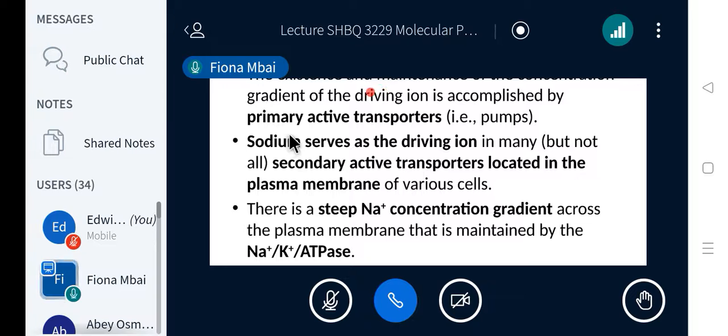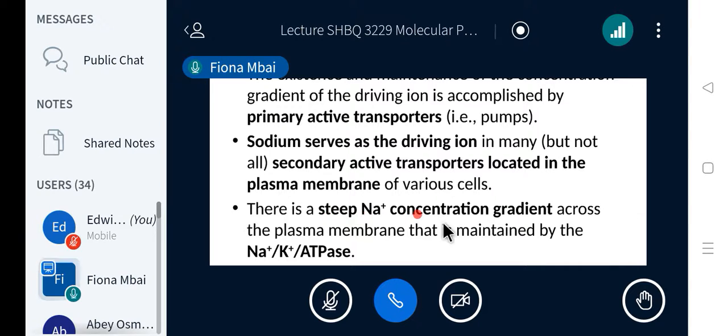Ion pumps, on the other hand, are a whole different kettle of wax. The existence and maintenance of the concentration gradient of driving ions is accomplished by primary active transporters. This is just a fancy name for pumps. Sodium serves as the driving ion in many, but not all, secondary active transporters which are located in the plasma membrane of various cells.